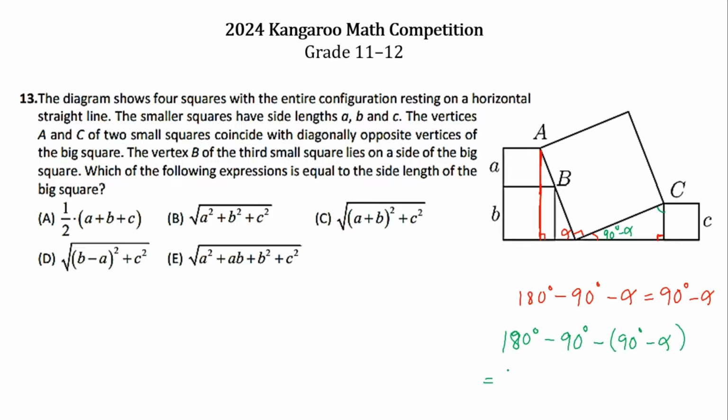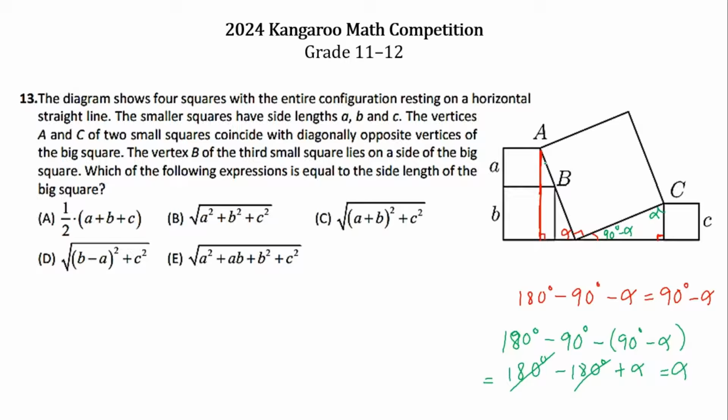Let's simplify this. This is 180 degrees minus 180 degrees. If we distribute this negative sign, we will have here minus 180 degrees and then plus alpha. So that's equal to alpha, because you can cancel that. So this one is alpha.